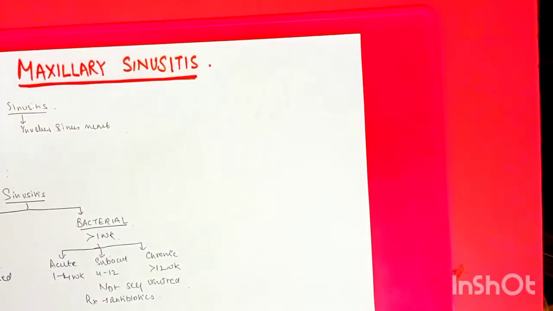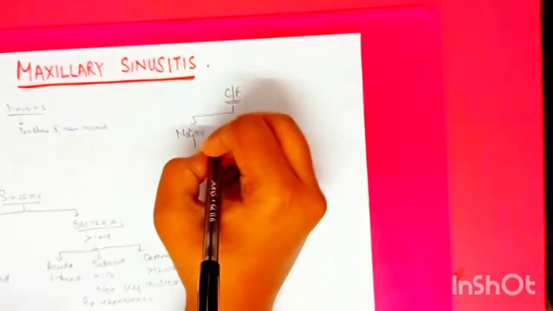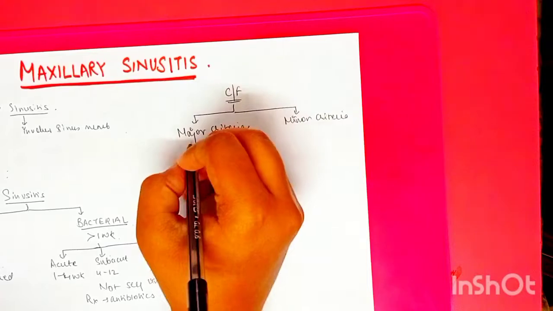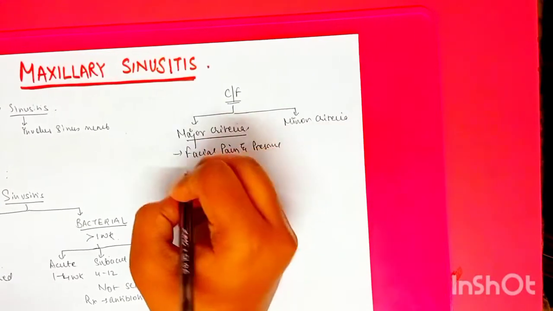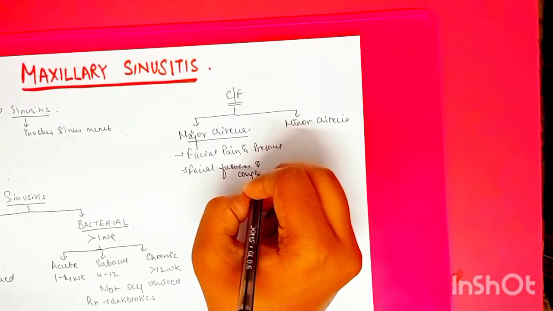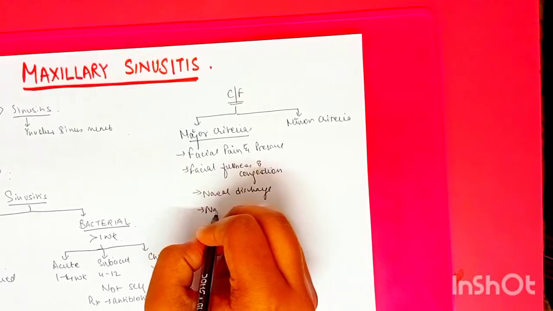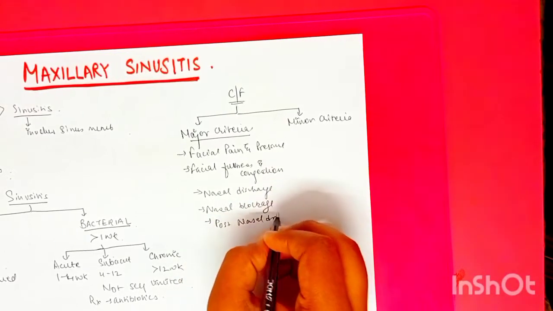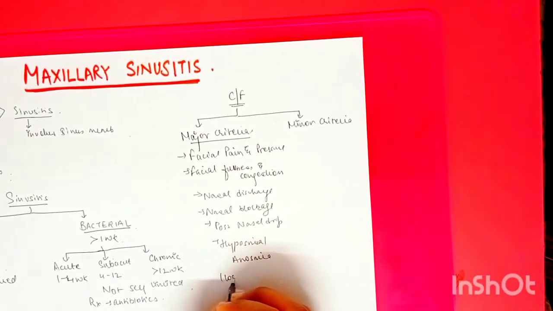One is your major criteria and one is your minor criteria. Under the major criteria, there will be facial pain and pressure, facial fullness and congestion, nasal discharge, nasal blockage, post nasal drip, hyposmia or anosmia, which means loss of smell.